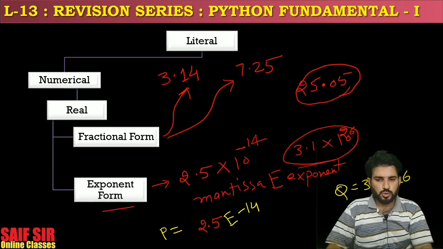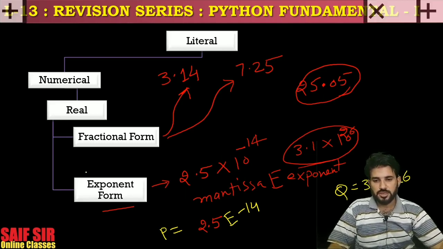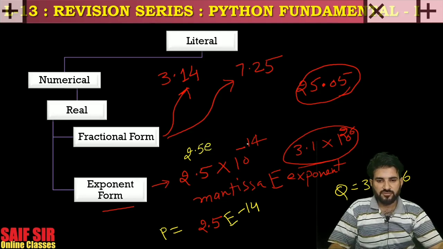There are one or two rules with exponent form and fractional form: multiple decimal points are not allowed, and at least one digit must be before the decimal point in fractional form. And in exponential form, for example, 2.5 into 10 to the power minus 14 is written with e minus 14.